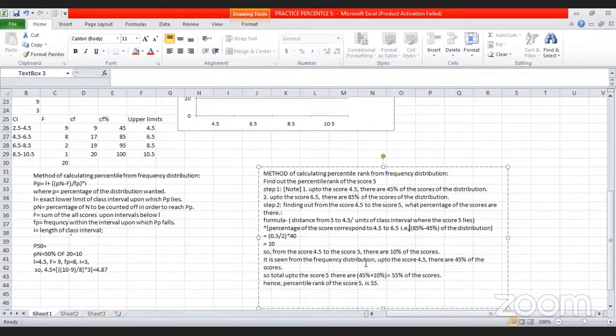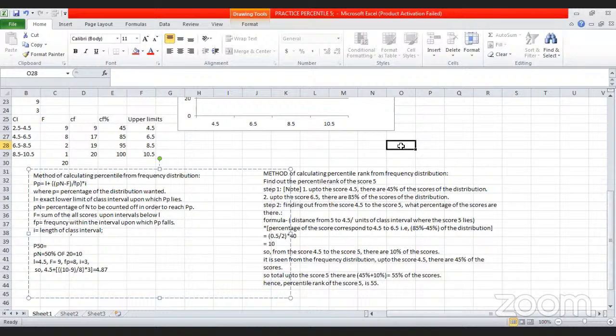Yes, ma'am. So this is 55. That means the percentile rank of the score 5 is 55. That means below the score 5, there are 55% of the scores in this particular distribution. Clear? Yes, ma'am.